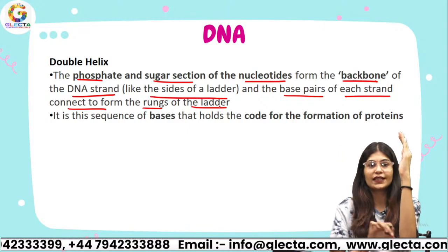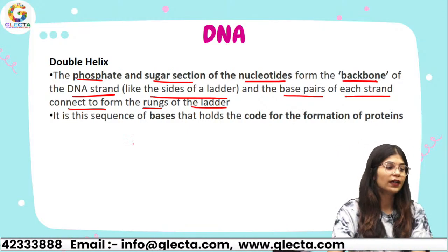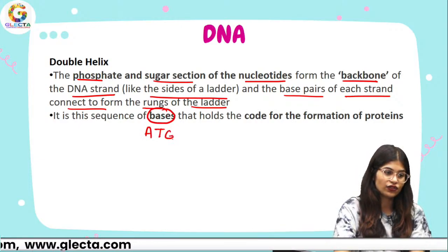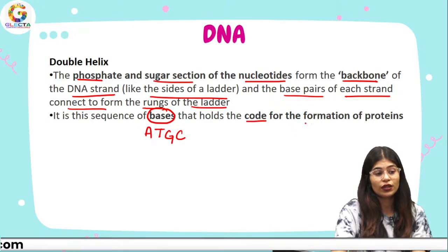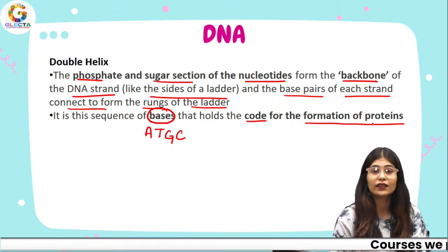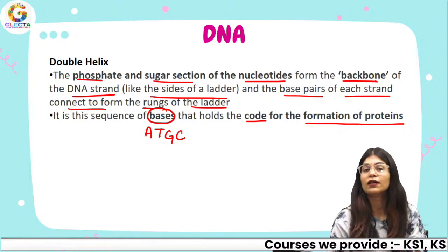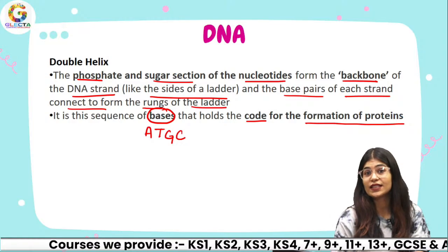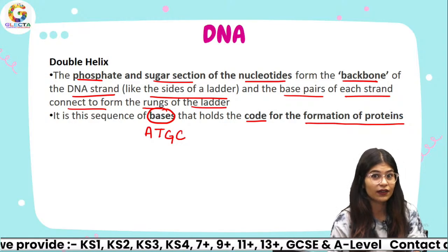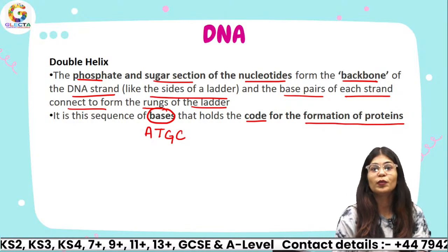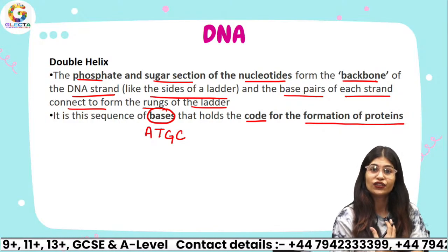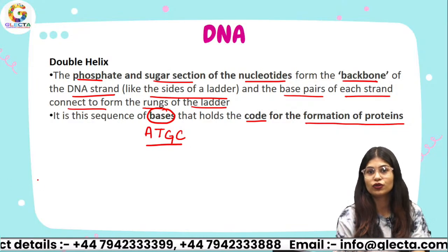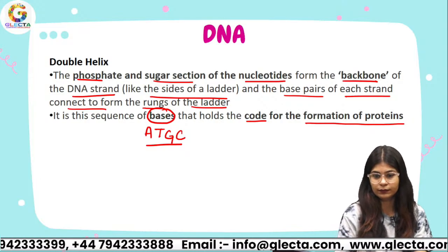So in the middle, they're connected and then they twist. It is the sequence of bases, which is A, T, G and C, that holds the code for the formation of proteins. And those proteins would do everything in your body. They would give you a specific eye color, a specific height, a specific hair color, a specific skin color. So everything in your body would be defined by the kind of genes you have, the kinds of codes you have, and how they're able to make a protein out of that.